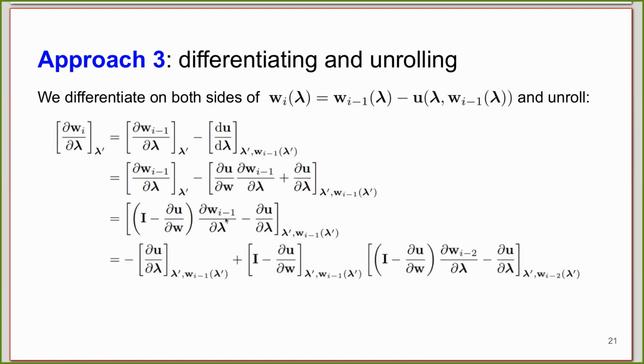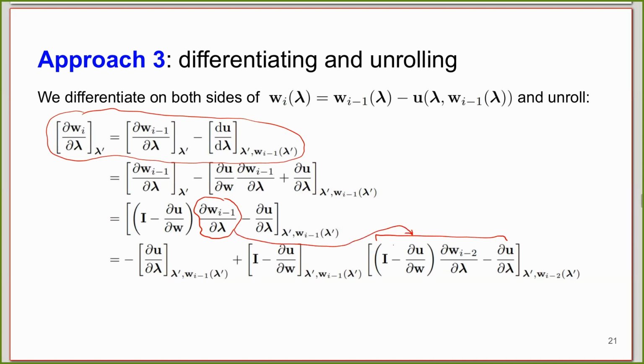And then we expand the recursion. So this thing here is expanded using this formula, but we just changed the index. Now it's not i, it's going to be i minus 1. And that's what we have here.